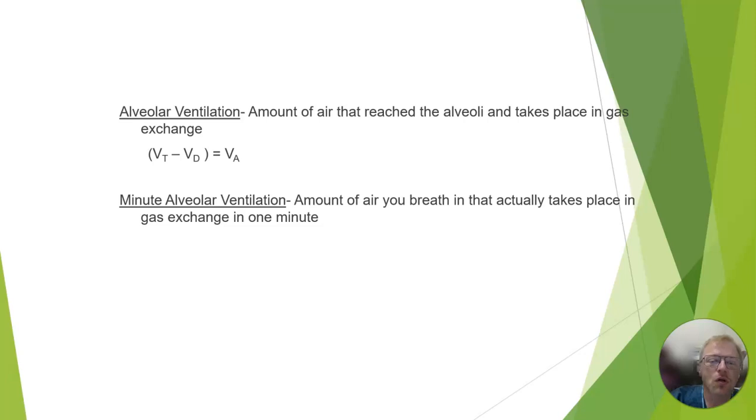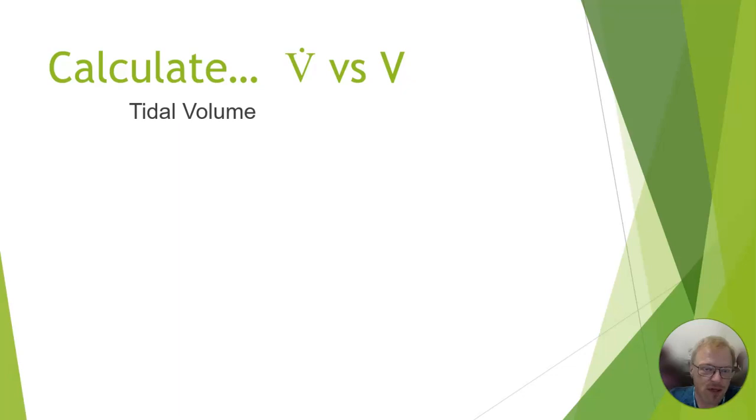And of course, we can calculate that for a minute. And so we would take the frequency times the alveolar ventilation, and that will give us the minute alveolar ventilation. The biggest thing you have to remember is, are we calculating for the minute or the individual breath?